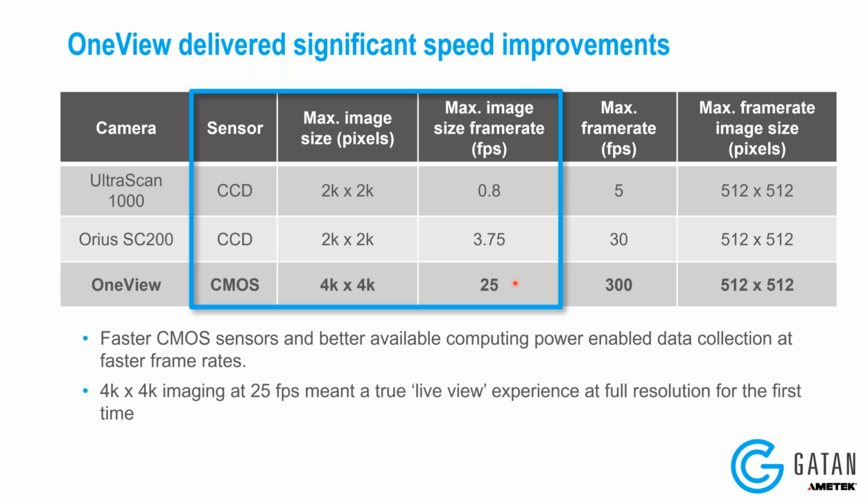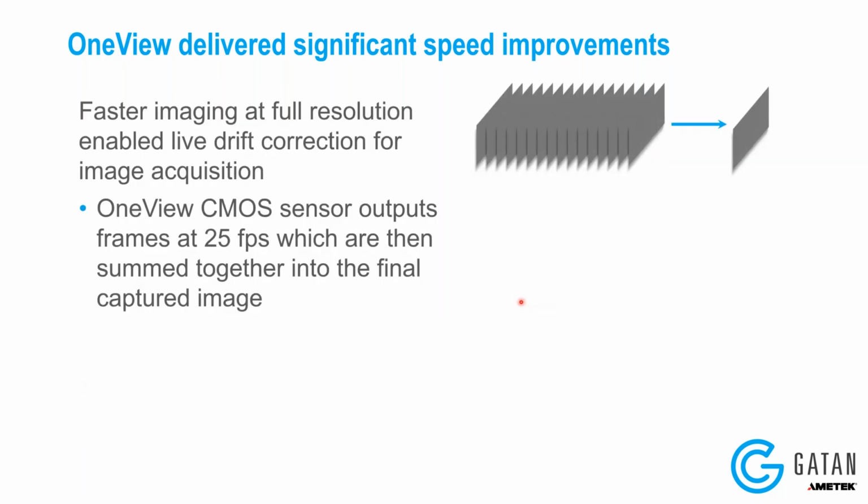You may have heard this in the past, but when you can do 4K by 4K imaging at 25 frames per second, that really is a live view experience of seeing information come from the camera and displayed on the microscope at rates that make sense and that mirrored what you could get if you were just looking, for example, at the phosphor screen on the microscope, if you still have a microscope with a phosphor screen even.